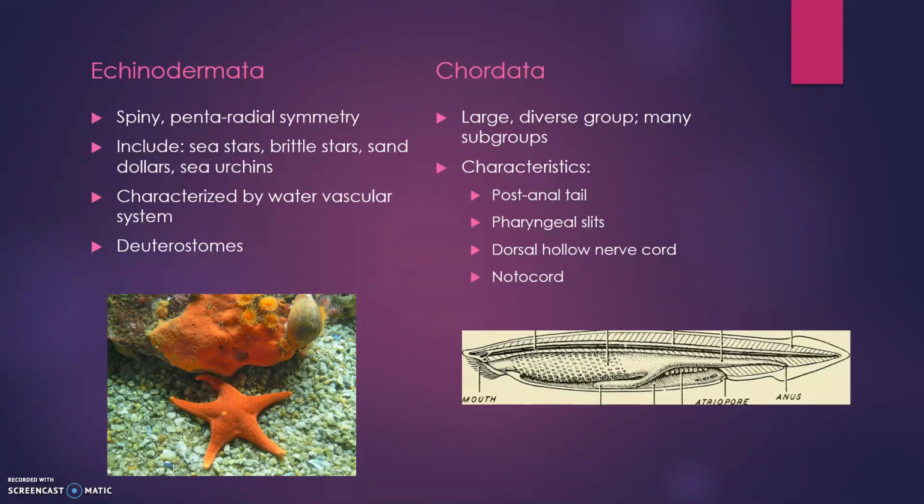This shows just a representation of some of the various parts in a chordate. Now, I'll say that humans are chordates, and we had these characteristics at some point in our development. We may have lost some along the way, like a tail. Most people have lost their tails as they develop as an embryo. So just because you don't see it doesn't mean that it doesn't have it. It just lost it some way along the way.